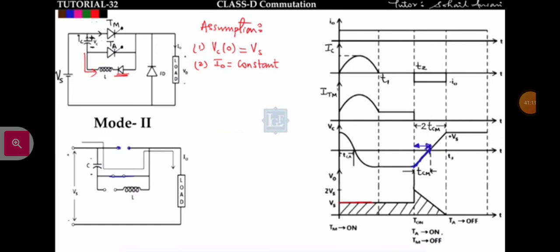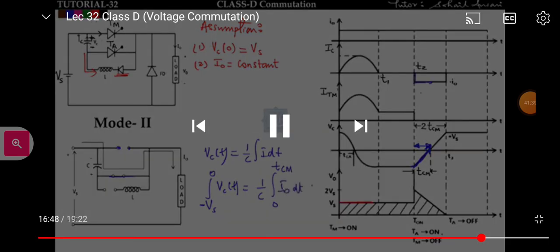So how will I find this TCM? See here, we know that Vc of t is equal to 1 upon C integration of I dt. So I can say that when the voltage drop across this capacitor moves from minus Vs to 0, Vc of t is equal to 1 upon C integral from 0 to TCM, the circuit turn off time, and in this range the current flowing in this capacitor will be equal to I naught, so it will be I naught dt.